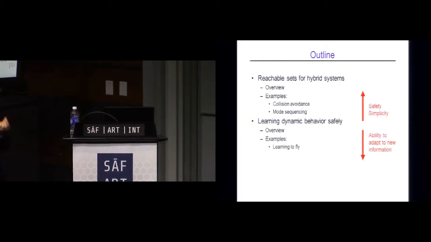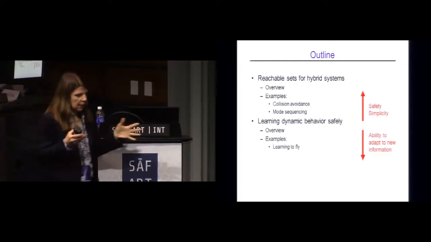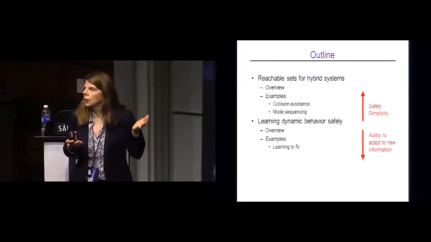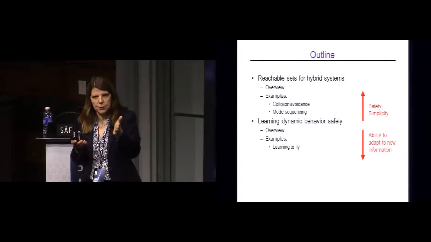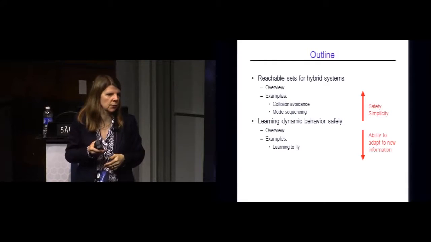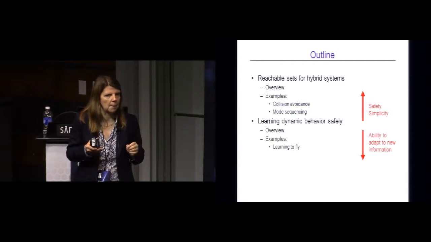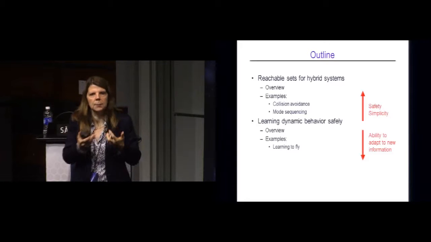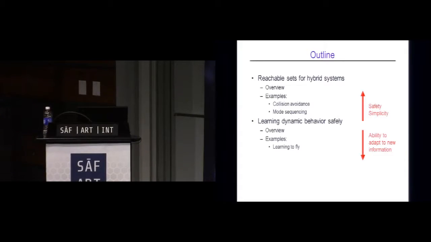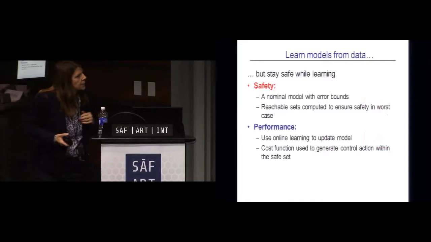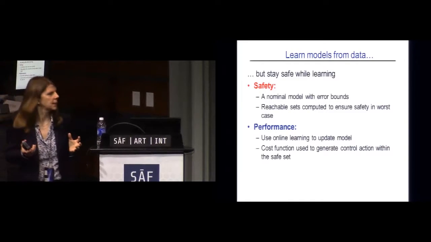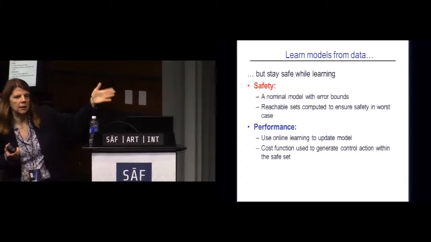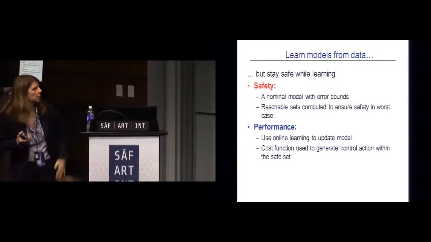Well, then we had the idea, suppose you're just inside the safe set, why don't you just do learning inside the safe set, and then as soon as you get to the boundary, just switch to the safe control. So it's a very simple heuristic of almost blindly blending these two objectives together. And so safety is always maintained, but performance is heightened if you're inside the safe zone of operation.